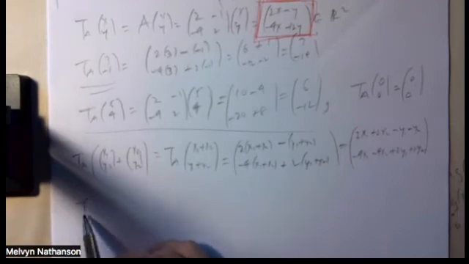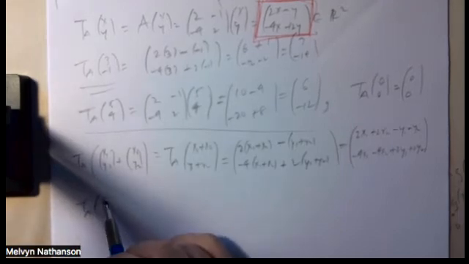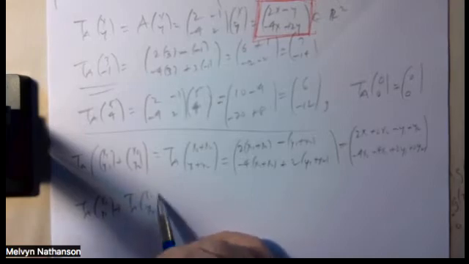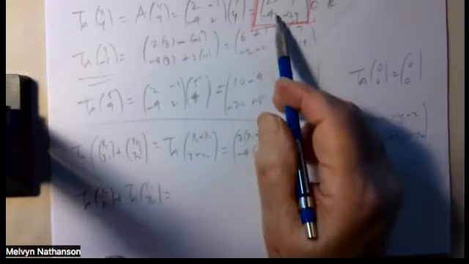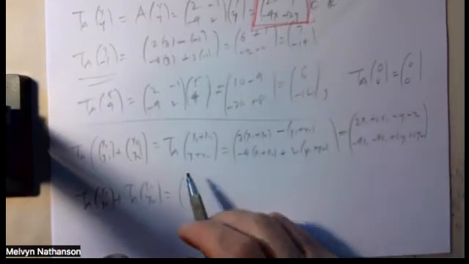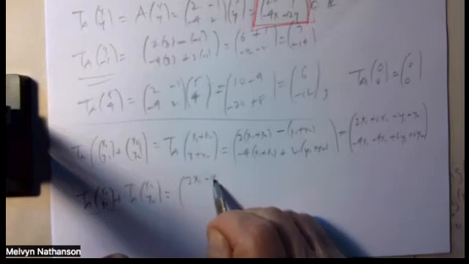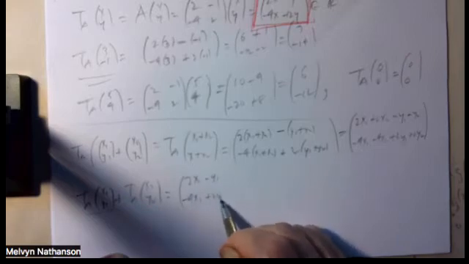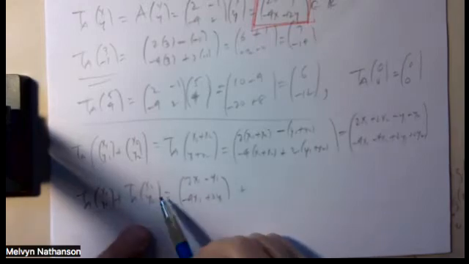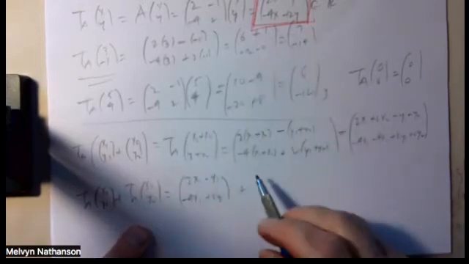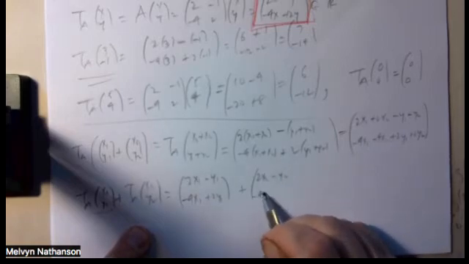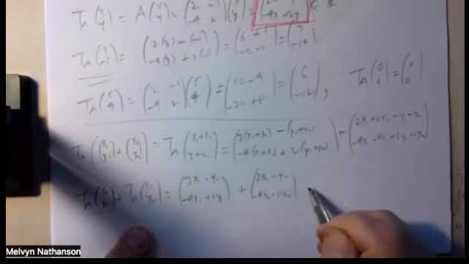And that's supposed to be the same as T sub A of x1, y1 plus T sub A of x2, y2. Let's just check. What is this? It's this with x1 and y1: 2x1 minus y1, minus 4x1 plus 2y1. And then this applied to the vector x2, y2: 2x2 minus y2, minus 4x2 plus 2y2.